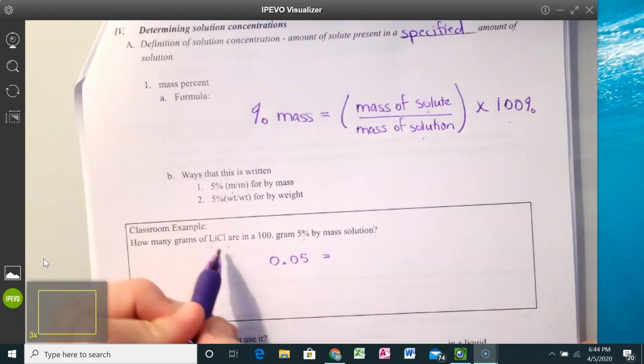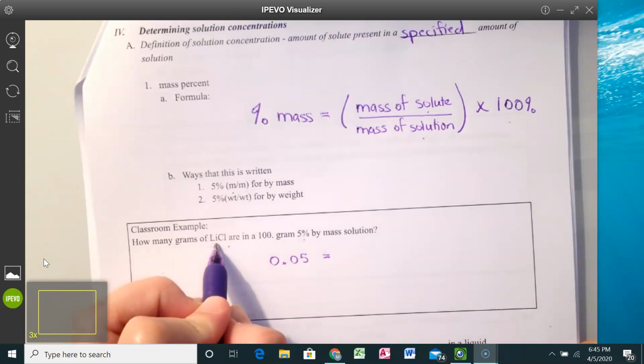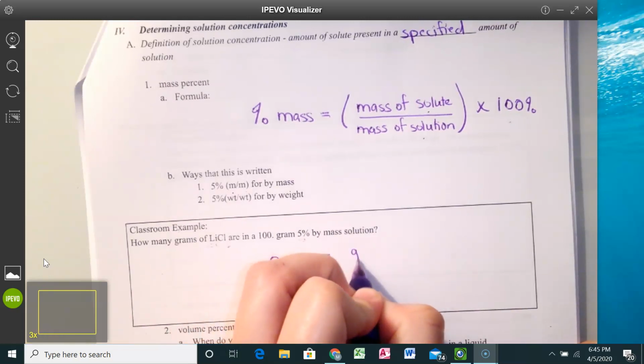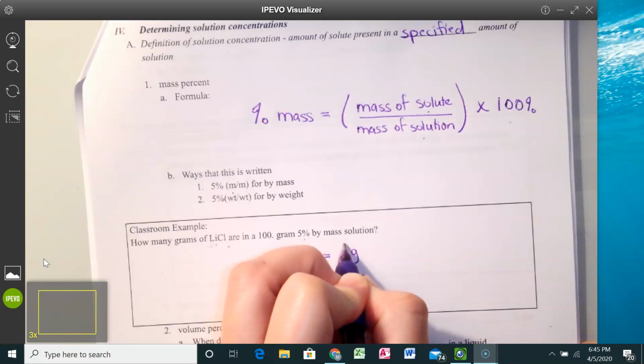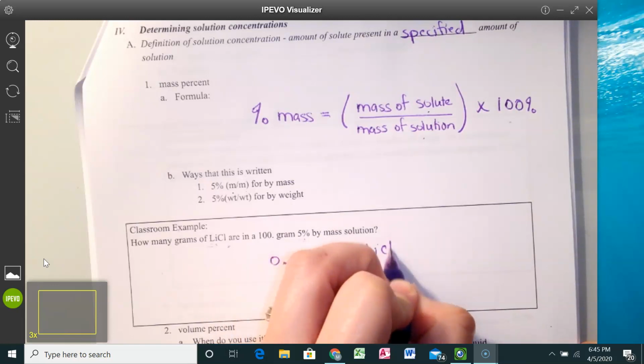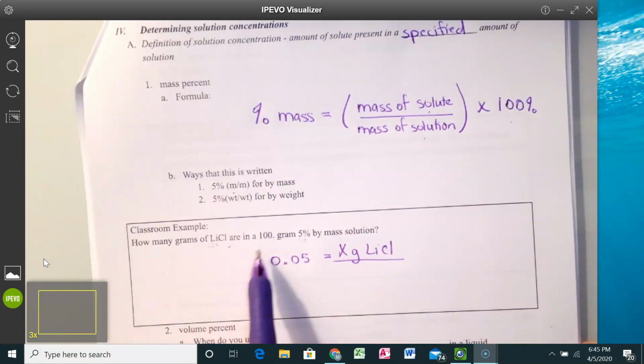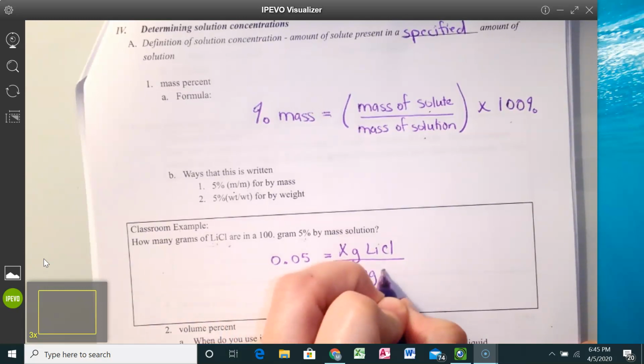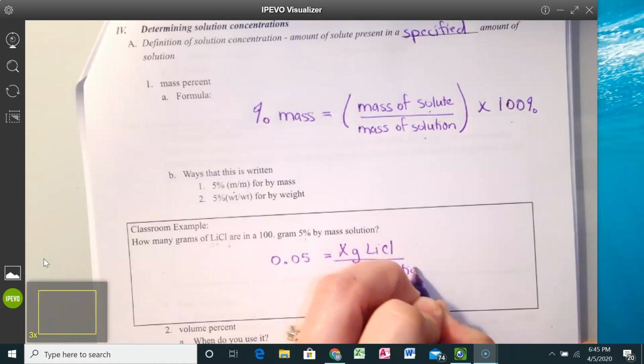So we have to be cognizant enough at this point to know that that's the solute, and then the solution would be just a lithium chloride solution. So that equals some amount, so some grams of lithium chloride over, and it says that it's a 100 gram solution. So 100 grams of the solution.